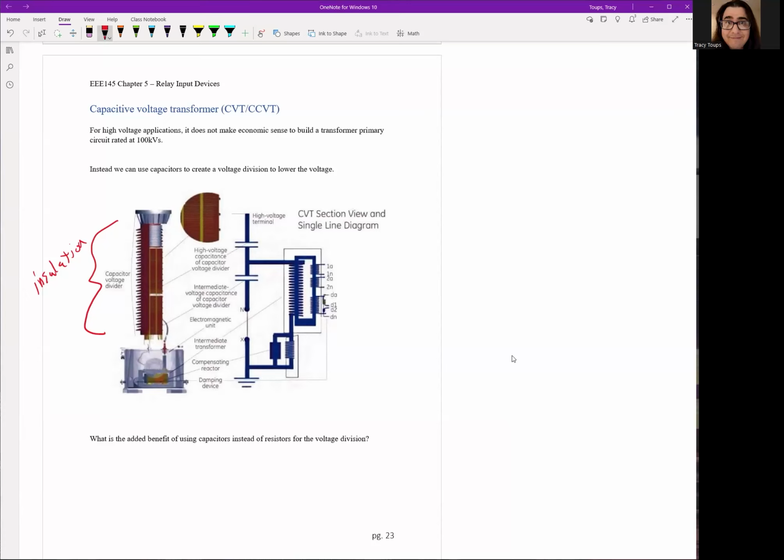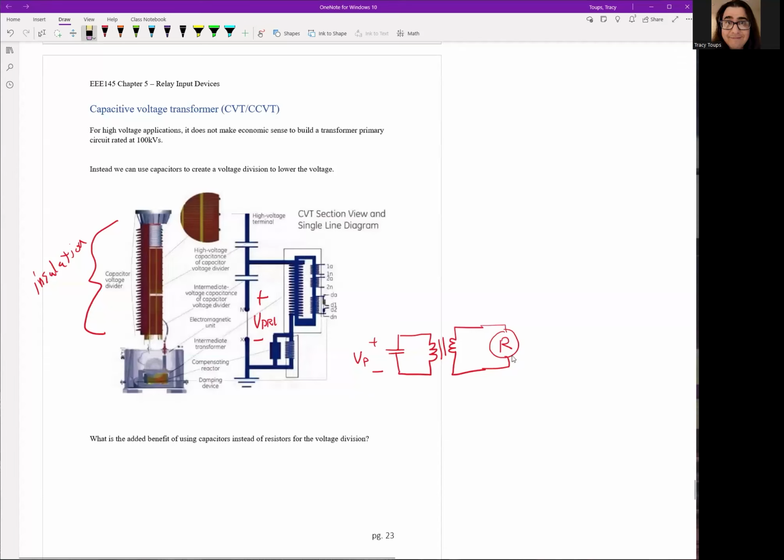So they realized we can use capacitors to create a voltage division to lower the voltage. Okay, so here we could literally take the voltage here, and this is your voltage to the VT. So here you'll have your VT. This is your relay on this side. You'll have a capacitor right here.